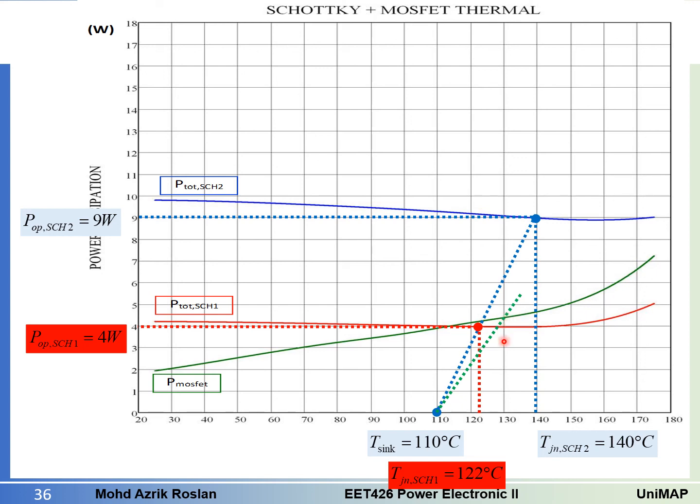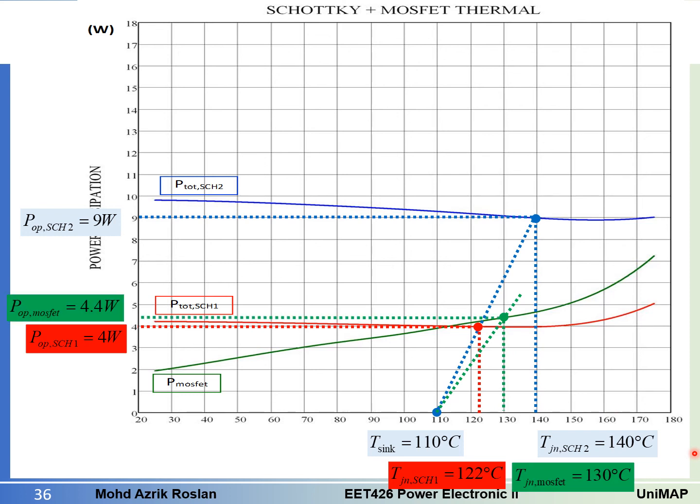At this point, this is the junction temperature for the Mosfet, which is 130 degrees C. Then when you draw a straight line to the y-axis, you will get the power dissipated at that operating point, which is 4.4 watt.